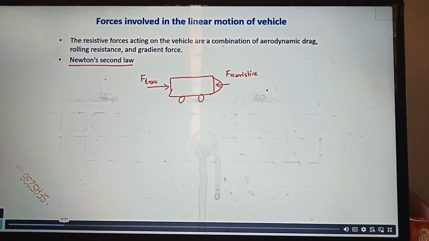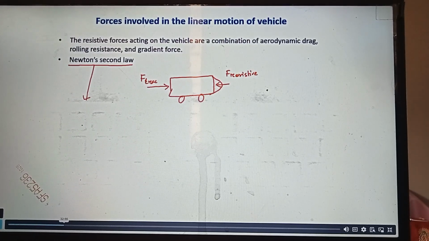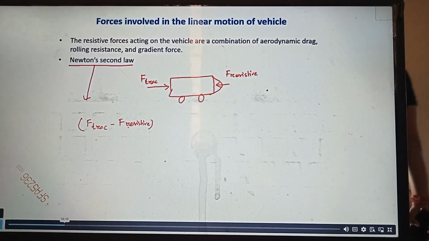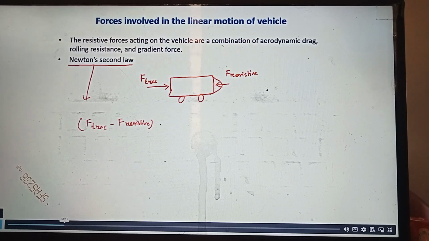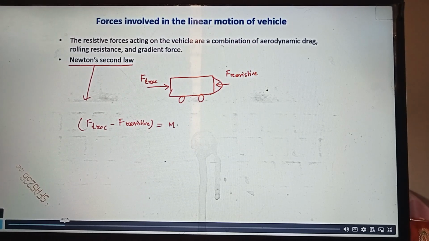They are related by Newton's second law. It says the resultant force acting on a body. So what is the resulting force? F tractive minus F resistive. That is the resulting force acting on the vehicle, right? It is given by M into A.